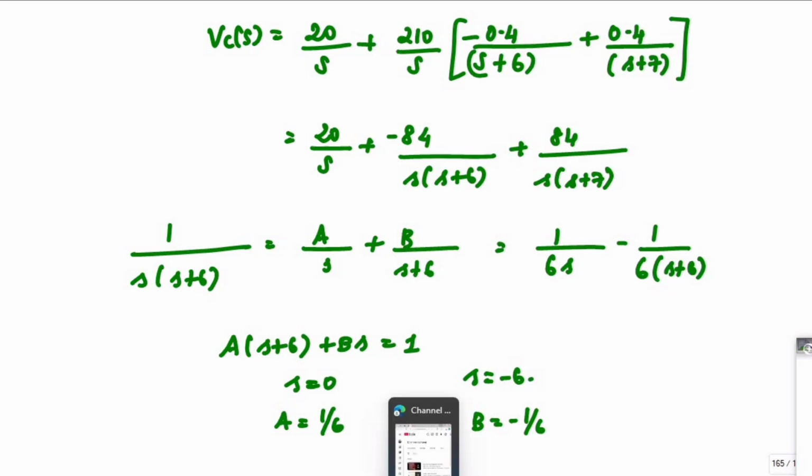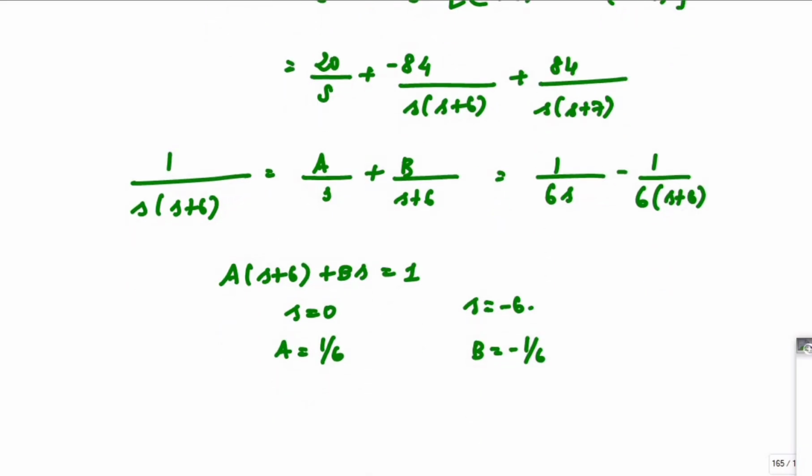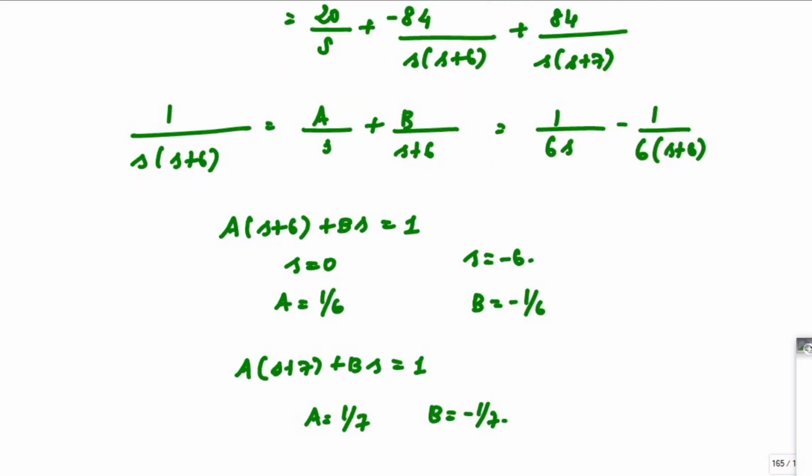For 1 divided by s into s plus 7 also I will get like this, right? So we get a is equal to 1 by 7 and b is equal to minus 1 by 7, right? So I'm going to substitute in the above equation, right?